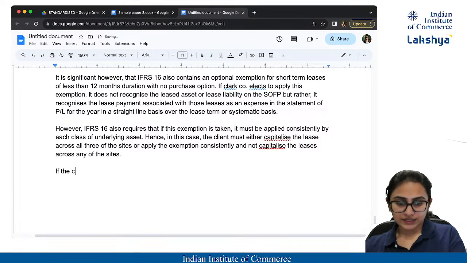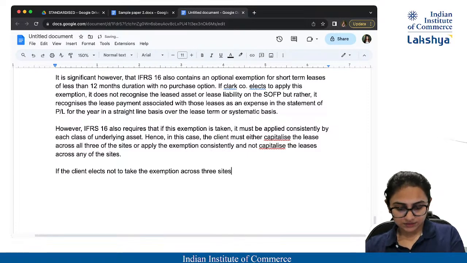If the client elects not to take the exemption across three sites, assets and liabilities will be materially understated.